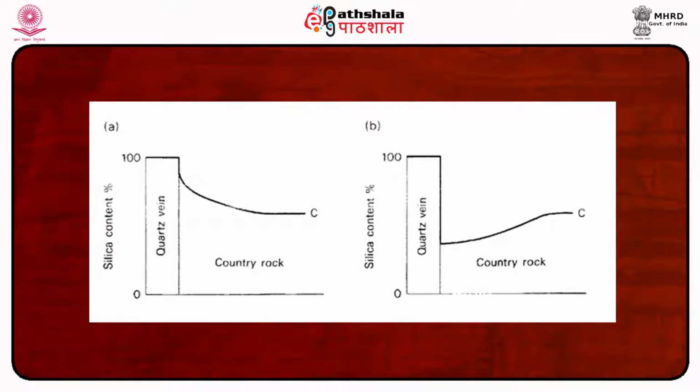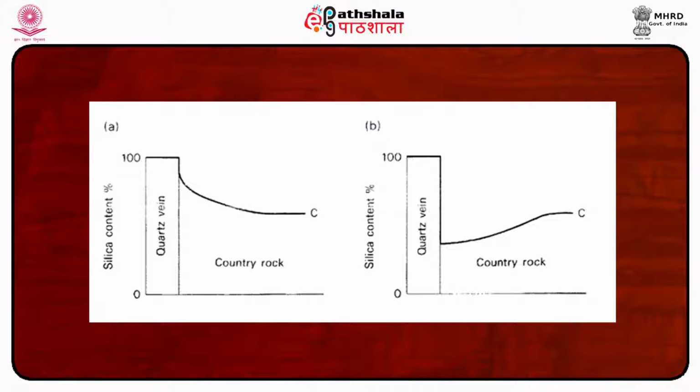In figure 8a is a vein forming from a hydrothermal solution supersaturated in silica. Some of this diffuses into the wall rocks and causes some silicification. The curve showing the level of silica decreases away from the source.